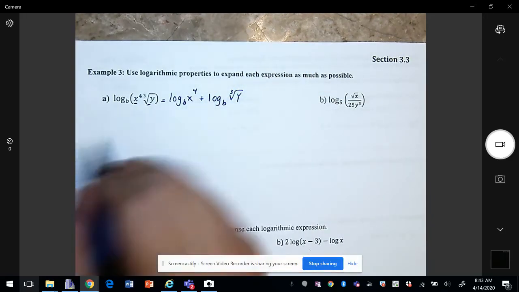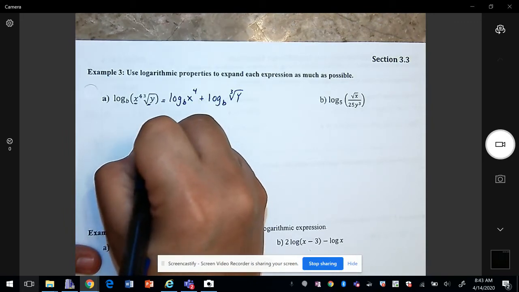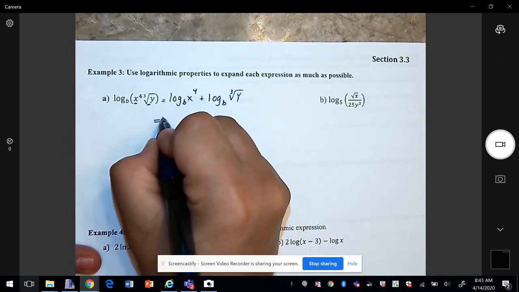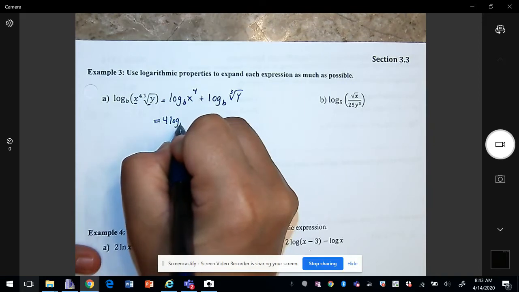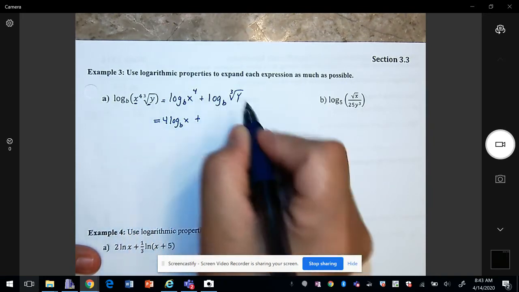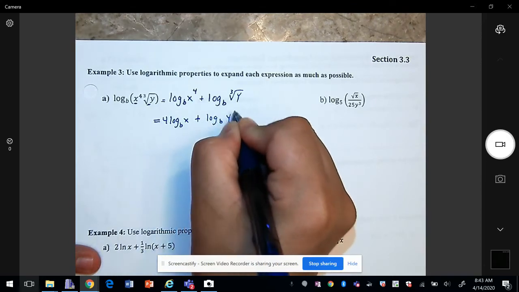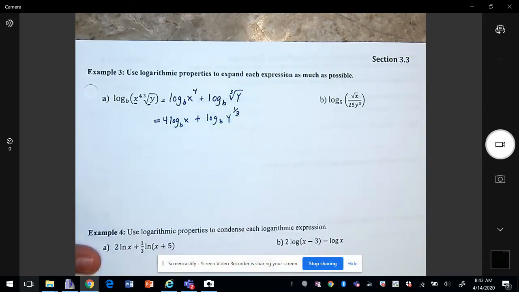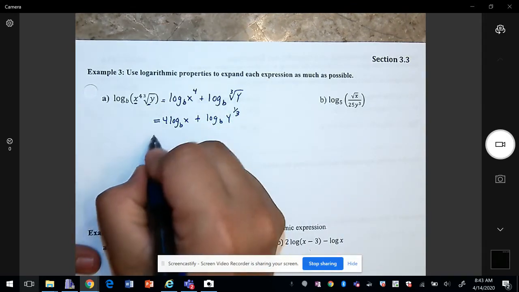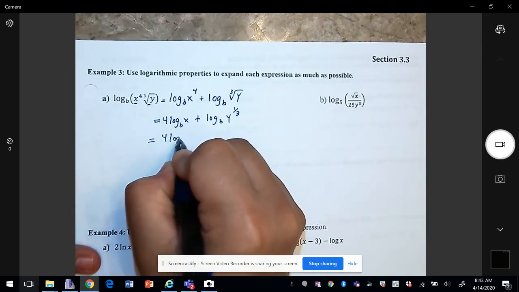And so now we can apply the power rule. So the 4 will come to the front. And here, since I have a root, I can rewrite it as an exponent as a fraction. And so I can bring the fraction now to the front.